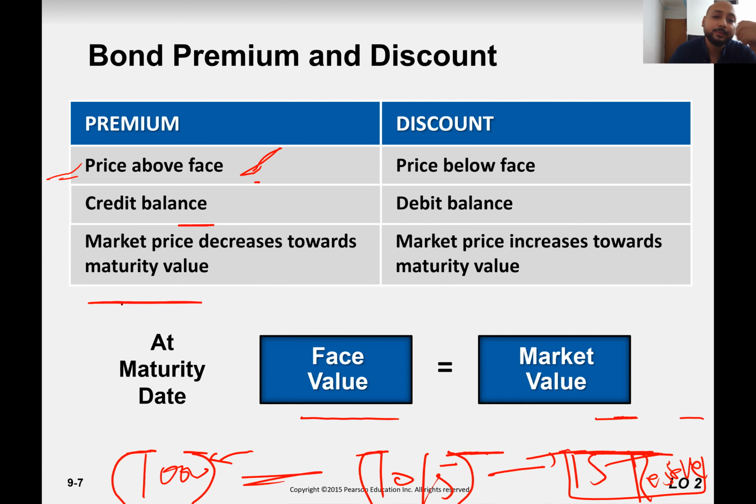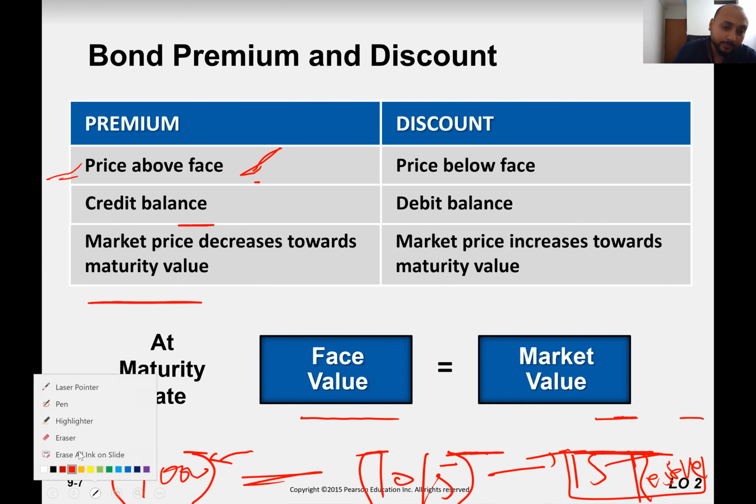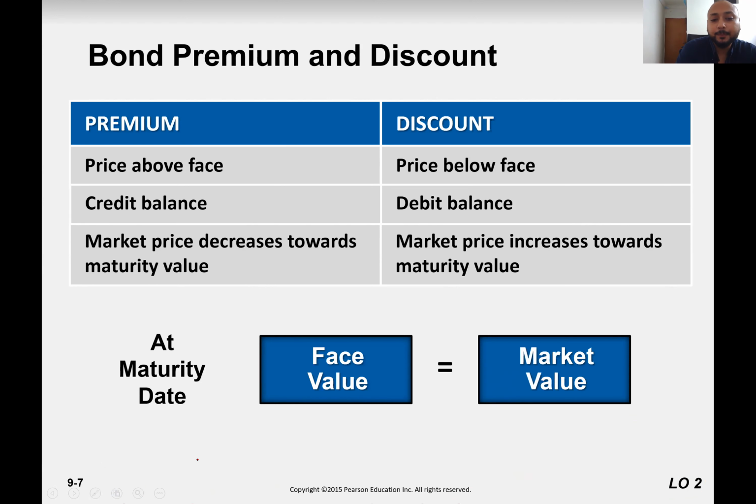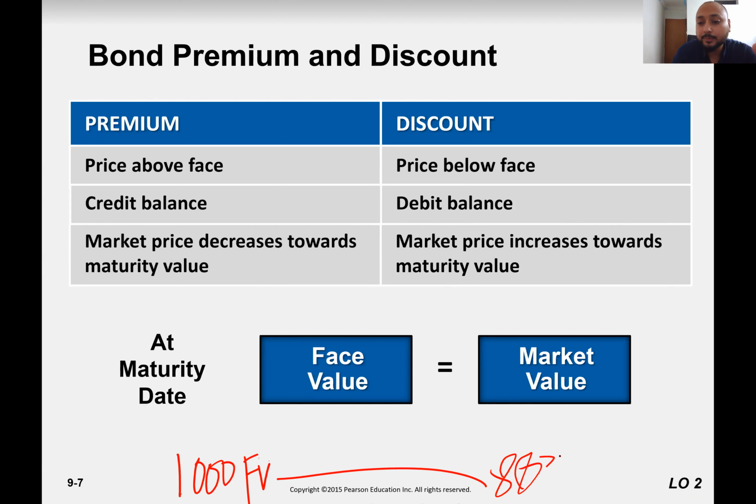Now discount, which means at the moment, our paper, our certificate, which is worth $1,000, is now trading in the market at $883.75, right?